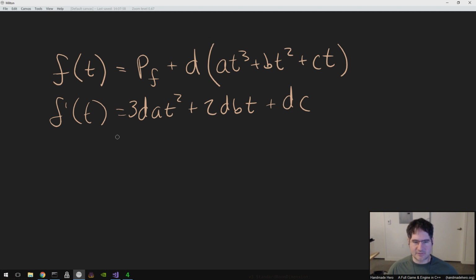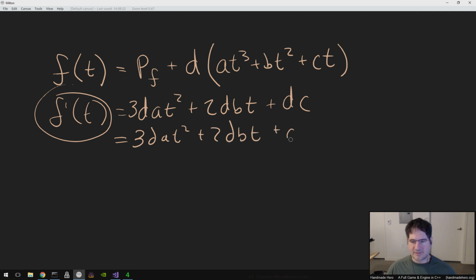And we know we want to solve that for some previous acceleration here. So I don't know what we'll call that, but I guess we'll call the derivative of t, we'll call that u. So since we want that to actually be u, in this case, we want to say it's 3dat squared plus 2dbt plus dc minus u.